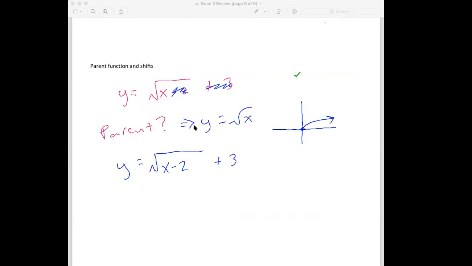So this is shifted right 2 and up 3, which means if we graphed this sibling function, it would go to the right 2 and up 3. So it would look like that.